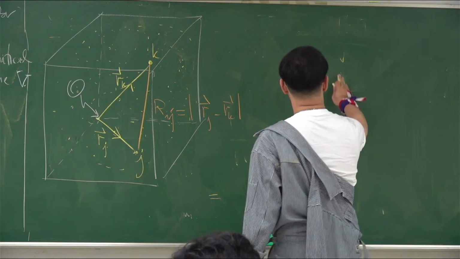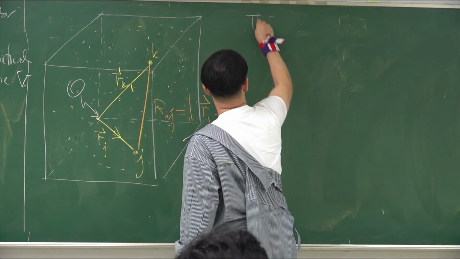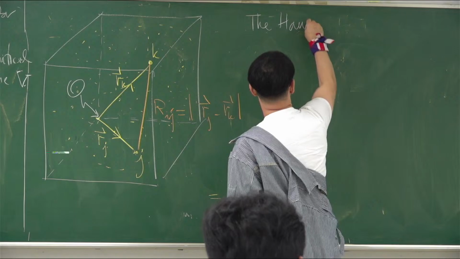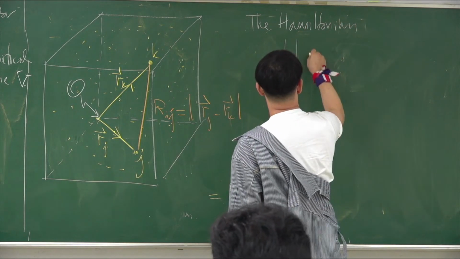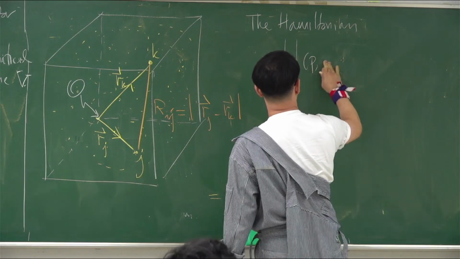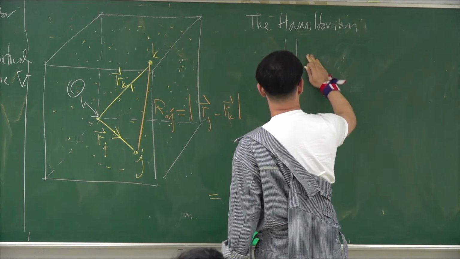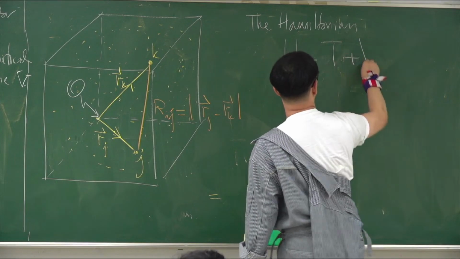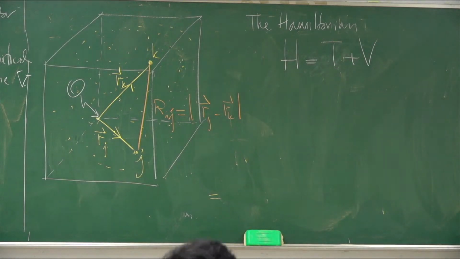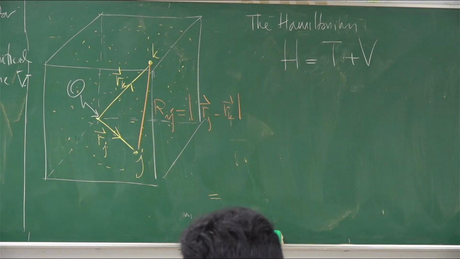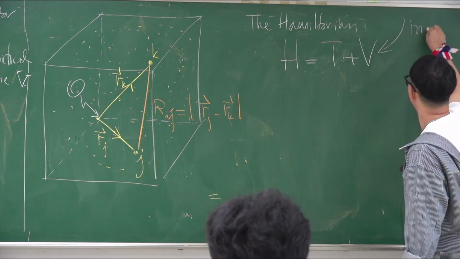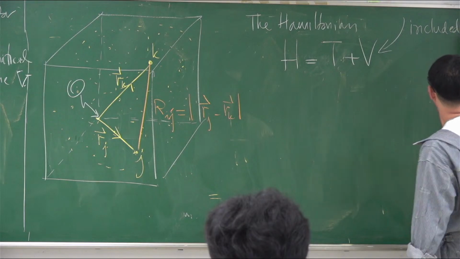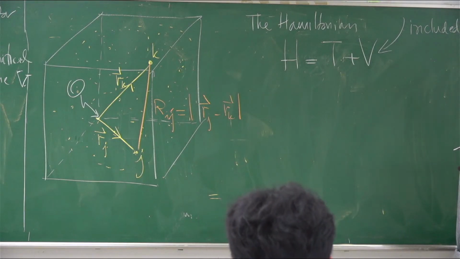Then the Hamiltonian is going to be these two parts, the kinetic plus the potential, right? This potential includes interaction, right?